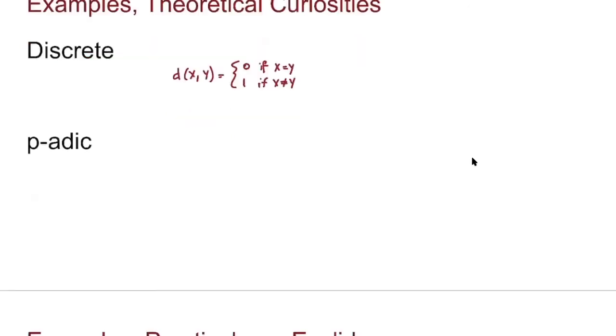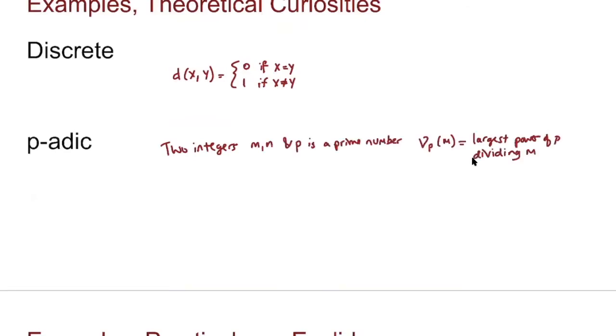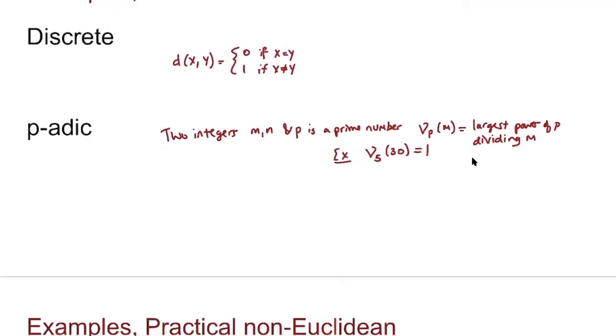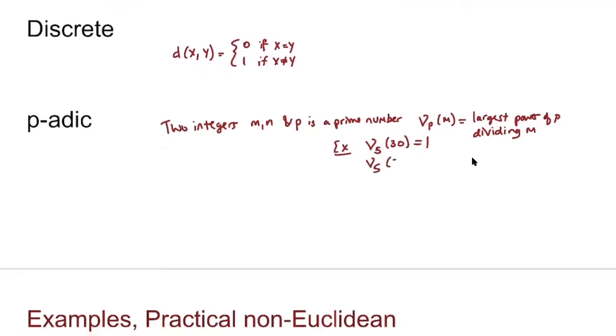The p-adic metric is a fun treat from analytic number theory. So if I have two integers, m and n, and p is a prime number, we'll define this function, the Greek letter nu_p of m, as the largest power of p dividing m. And so, for example, nu_5 of 30 is 1 because 5 divides 30 exactly once. nu_5 of 75 is 2 because 5 divides into 75 twice.